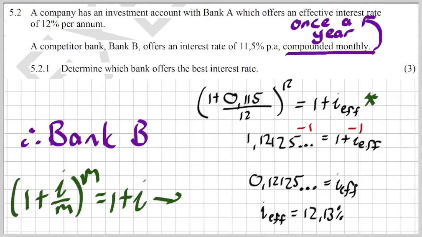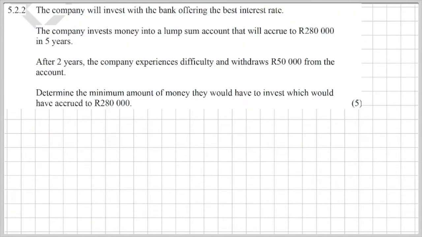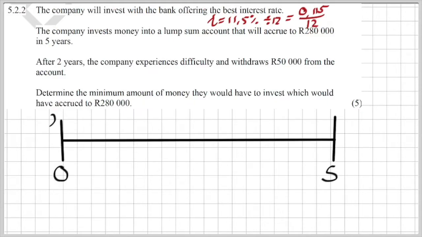So let's quickly have a look now at the next question. It says here, the company will invest with the bank offering the best interest. Automatically, that says my interest is 11.5% over 12, or 0.115 over 12. The company invests money into a lump sum account that will accrue to 280,000 in 5 years. So let's draw that on a timeline.